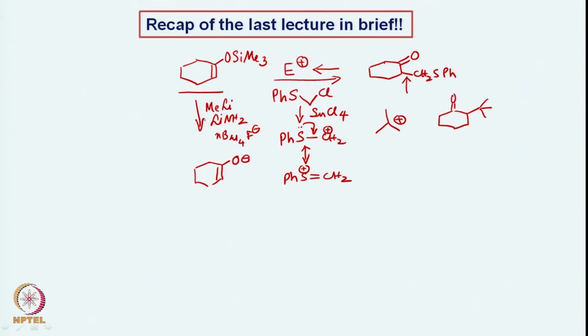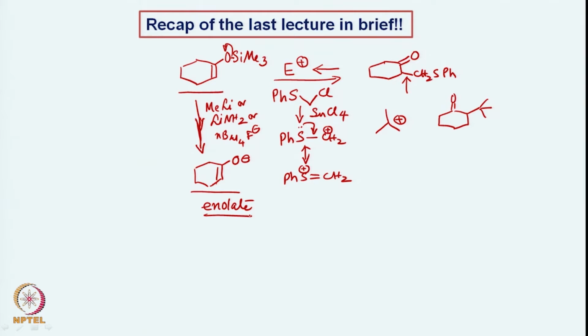When any one of these nucleophiles reacts, the carbon silicon bond is broken and the enolate is generated. So enol silyl ether can be made into a reactive nucleophile, an enolate, upon reaction with species like methyl lithium, lithium amide or tetrabutyl ammonium fluoride.